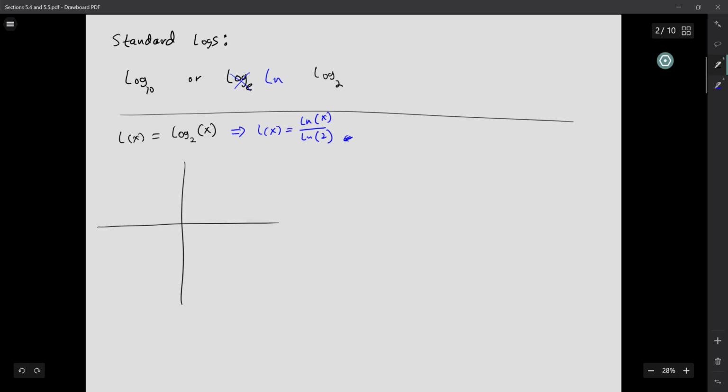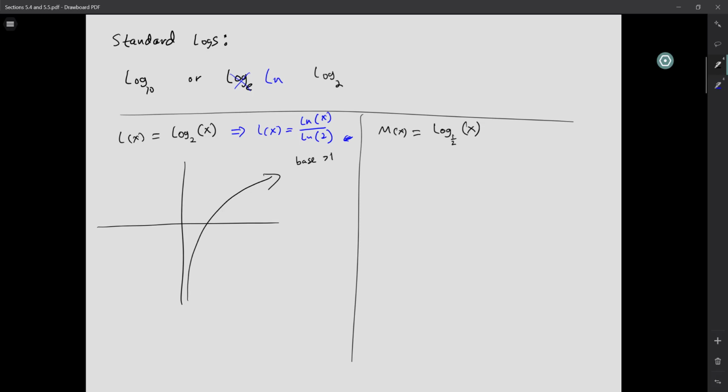So logs generally take a form that looks like this. They go up. This is assuming that the base is greater than 1. I can talk about a logarithm that has a base less than 1, although you will probably never ever see it, except maybe in this textbook.